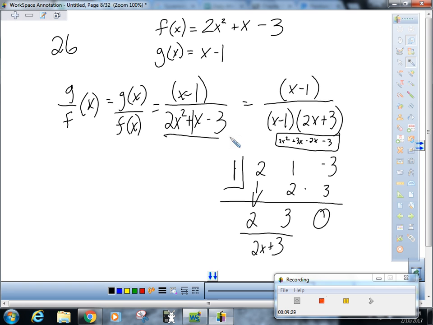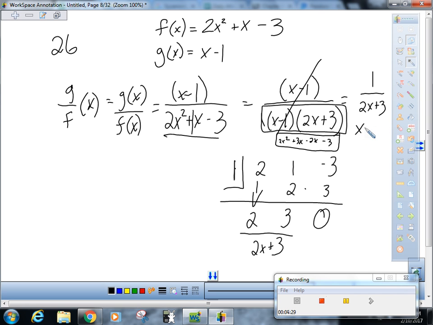Now, do you understand that? So now we can cancel. Bam! And that's why on your answer key, you see it written as 1 over 2x plus 3. Now, what is x not allowed to be? Well, it's not allowed to have 0 in the denominator.